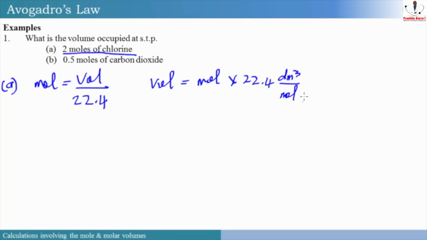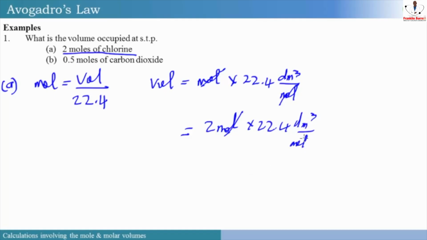Now it's important to note that the unit is not just dm cube, because if it is, then we are going to have issues with our units. Remember, it is dm cube per mole. From that, we can see that if I'm working out my volume, then moles would cancel moles. And so we have 2 moles times 22.4 dm cube per mole.